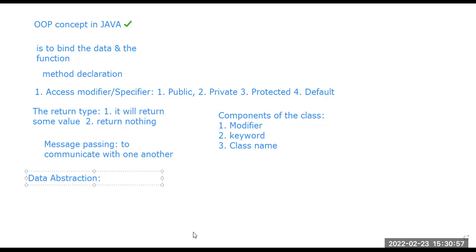Data abstraction is a property of object-oriented programming where only the essential details are displayed to the user.